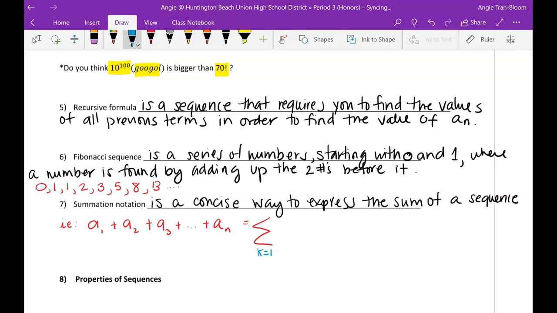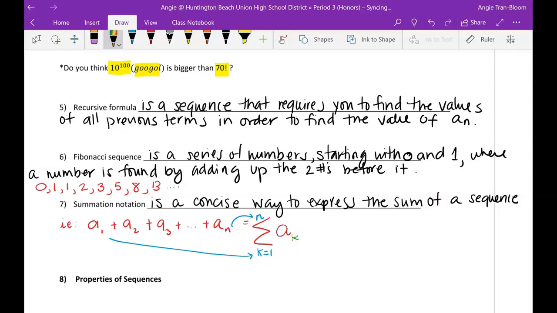Then on the top is where it ends, so this is where it begins and this is where it ends. And on this side, which I'm going to write in rainbow, is what I do to get all of them: a subscript k. If k is 1, that's my first term. If k is 2, that's my second term. If k is 3, that's my third term. If k is n, that's my nth term. So this is a quicker way to express the sum of a sequence.